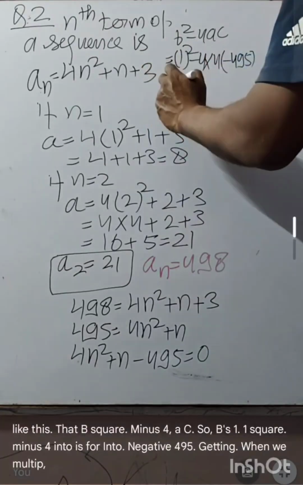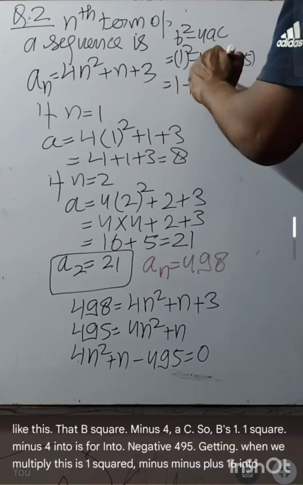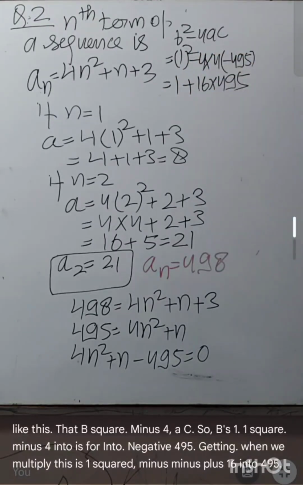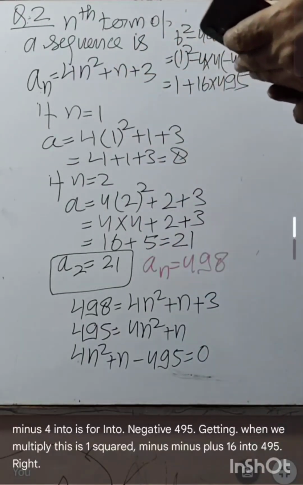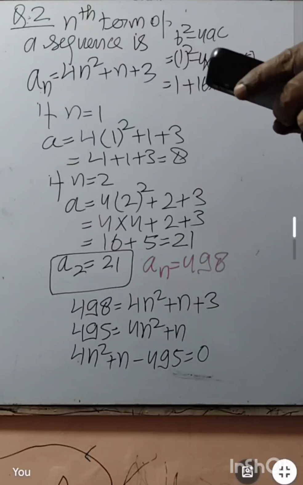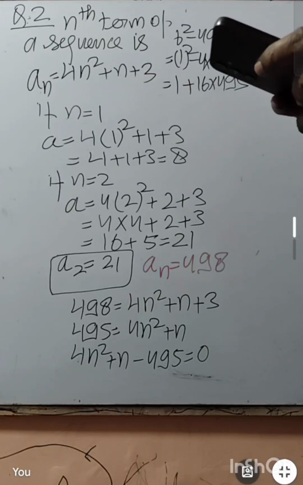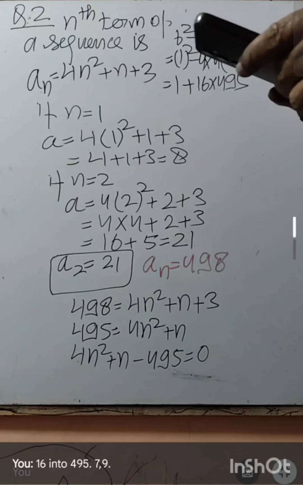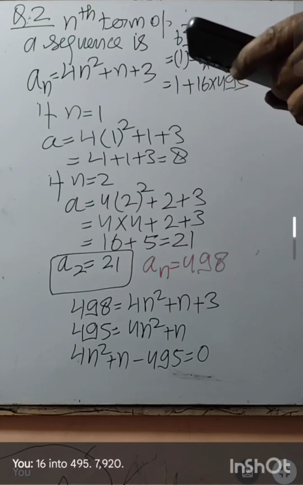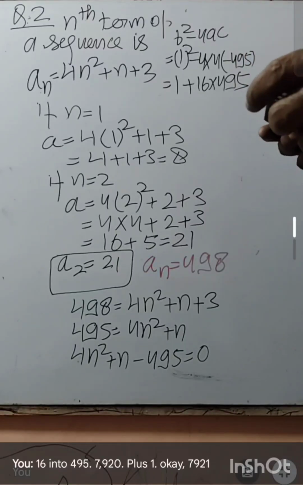When we multiply this is 1 squared minus minus plus 16 into 495. Right? Sixteen into 495, 7,920 plus 1. Okay, 7921.